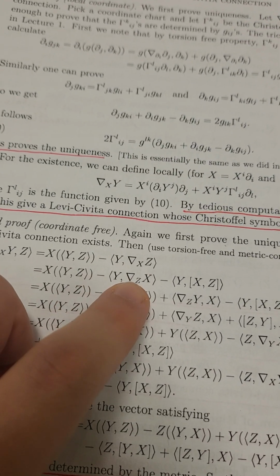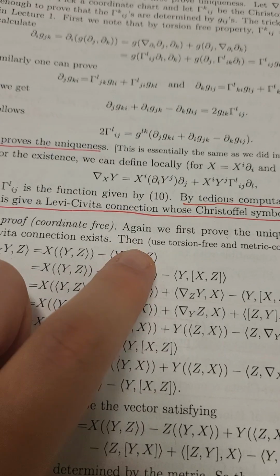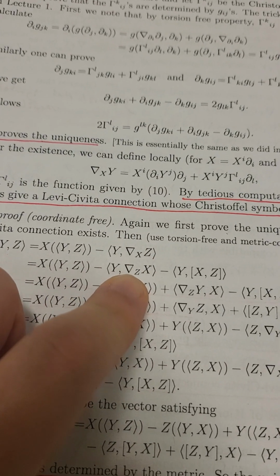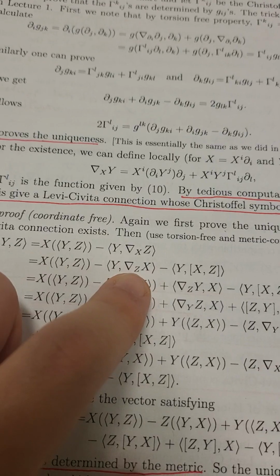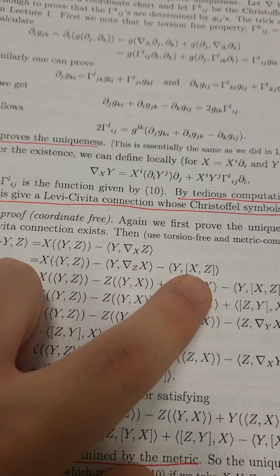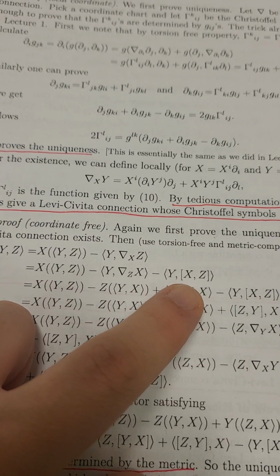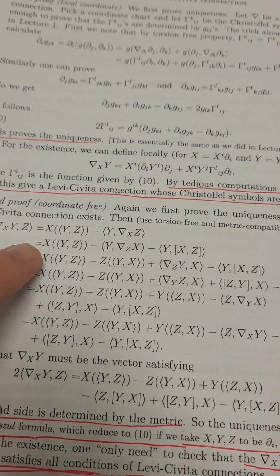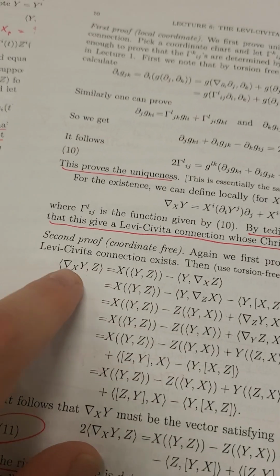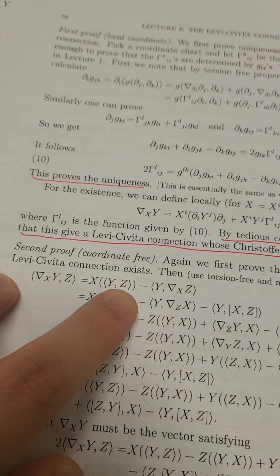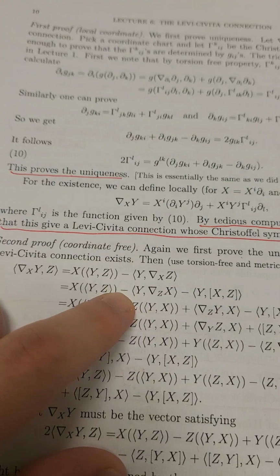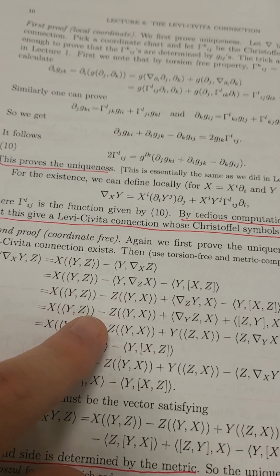Then we use the torsion-free aspect to replace this nabla_X Z with nabla_Z X plus the commutator of X and Z. And then we go ahead and repeat. Notice how we used the metric compatibility and then the torsion-free property, and we're going to repeat this over and over again.